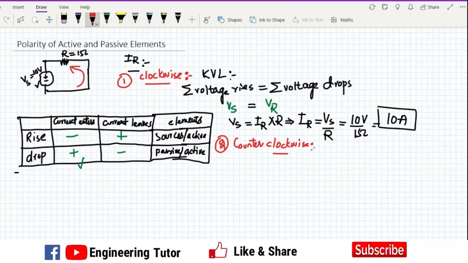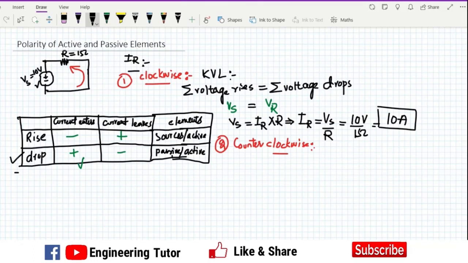So again, now here we can see the values here. Again, this is the passive element, and I have told you that by changing the direction of the current, the theoretical polarity of our resistor will also change, because our resistor is the passive element, and across a passive element we always have the voltage drop, which we have shown in this table.